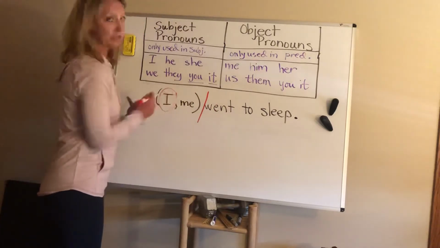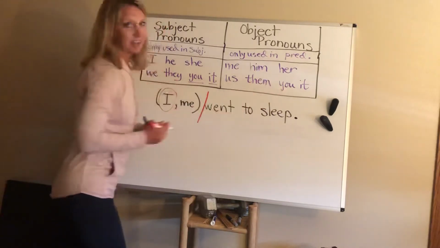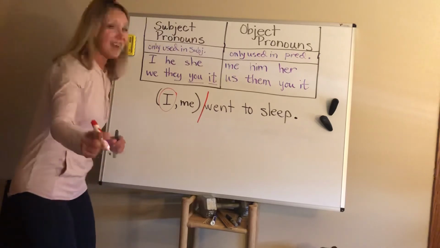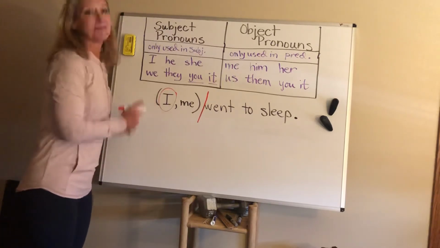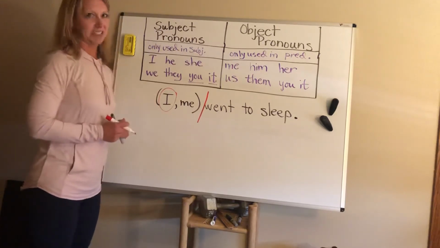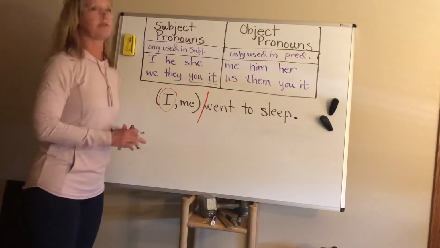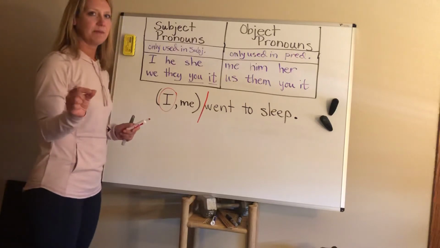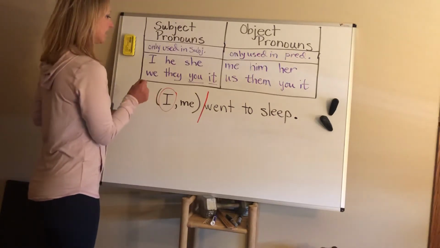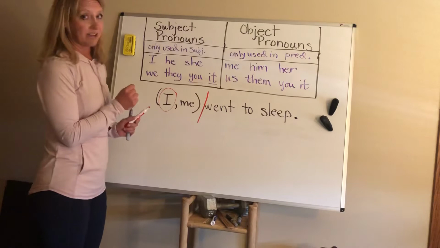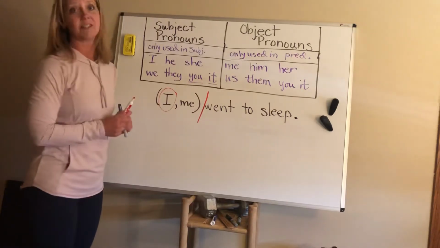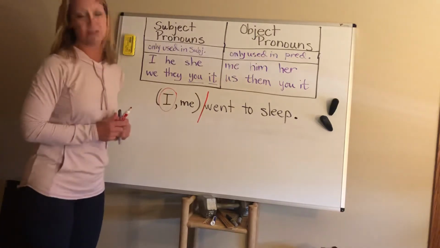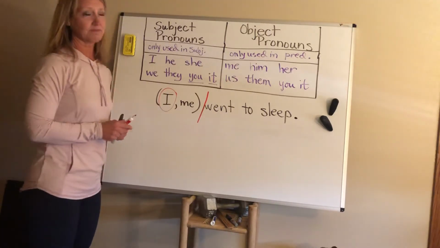So you've got your subject on this side of the line and your predicate on that side of the line. Now, why must it be the word I in this sentence? If you needed to sound really super intelligent about grammar, you would say the correct pronoun is the word I, because I is the subject of the sentence, and me can never be used in the subject of the sentence.